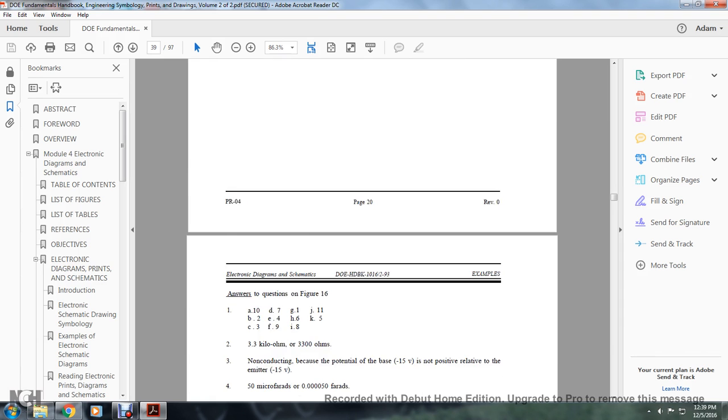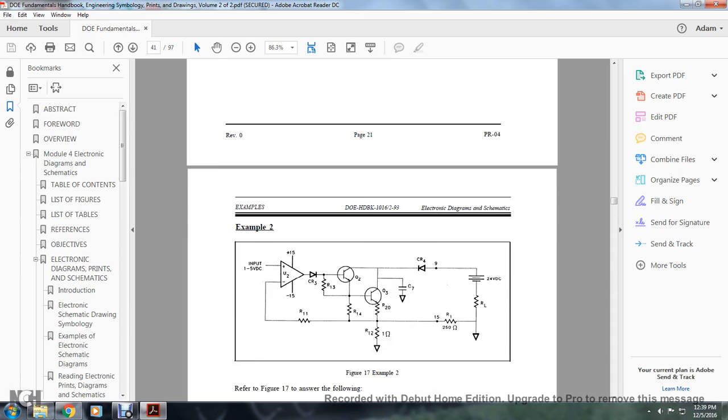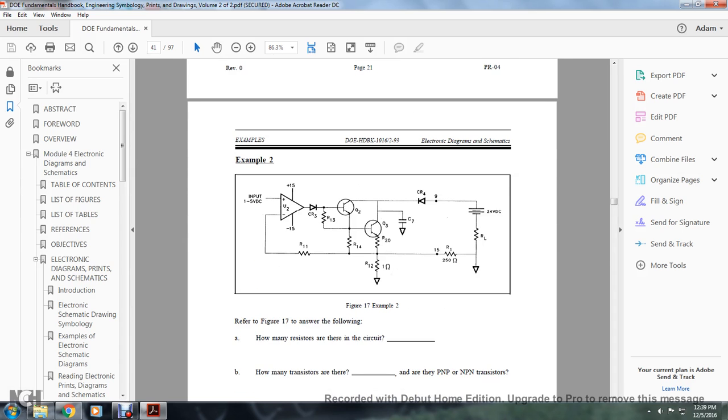And then these questions, which I might edit out and put in my OneNote. Example 2 shows a delta-sided input with 5 DCs going positive or negative through the rectifier, and a diode to a rectifier, also going into an NPN through to another NPN on a circuit that loops on this resistor 13, and then the PNP from resistor 13 goes to 14, while also the PNP goes back to resistor 14, resistor 20 to resistor 20, delta 1 ohm.